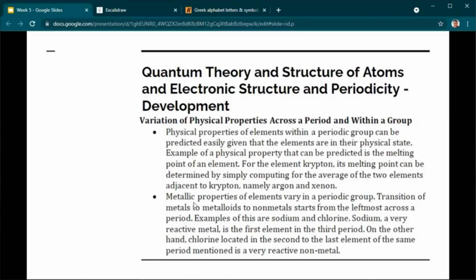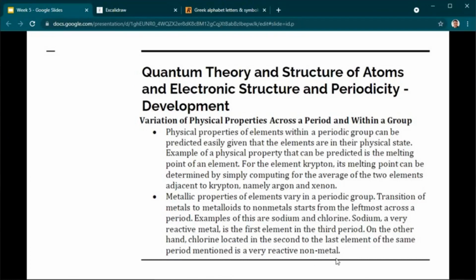Okay? So metallic properties of elements vary in a periodic group. Transition of metals to metalloids to nonmetals starts from the leftmost across a period. Examples of these are sodium and chlorine. Sodium, a very reactive metal, is the first element in the third period. On the other hand, chlorine, located second to the last element of the same period, is a very reactive nonmetal.